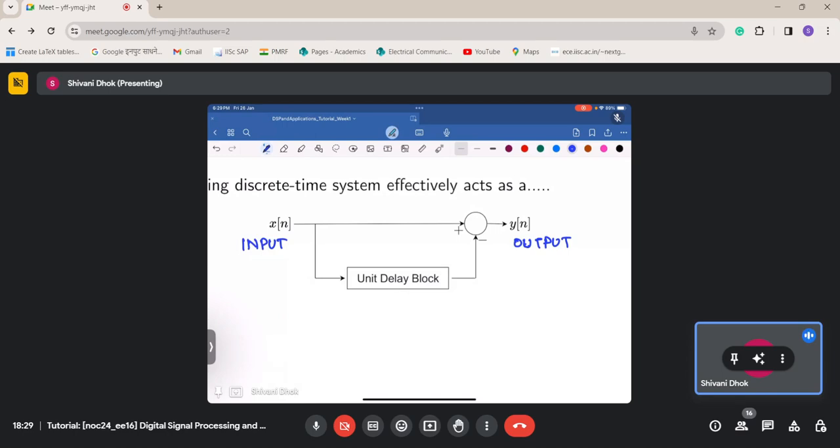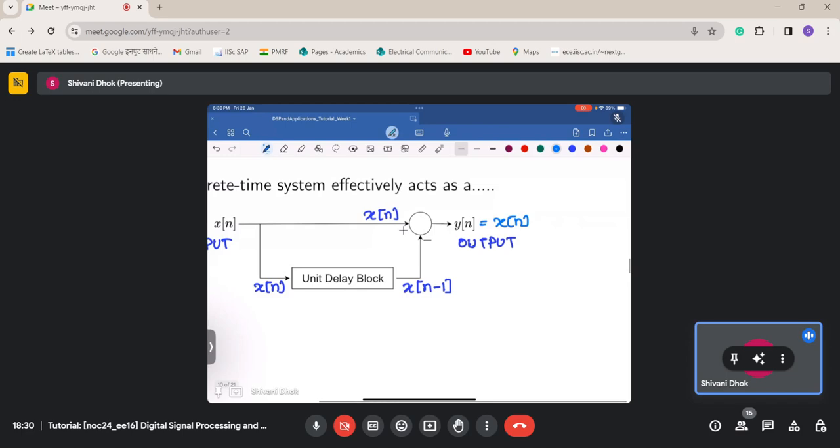So what is happening here is, we have xn, here also we have xn, and this xn then passes through a unit delay block. When it passes through a delay block, we get a delay of 1 unit, which gives us xn minus 1. Now this xn comes in with a plus sign, and then it gets added with minus of xn minus 1.